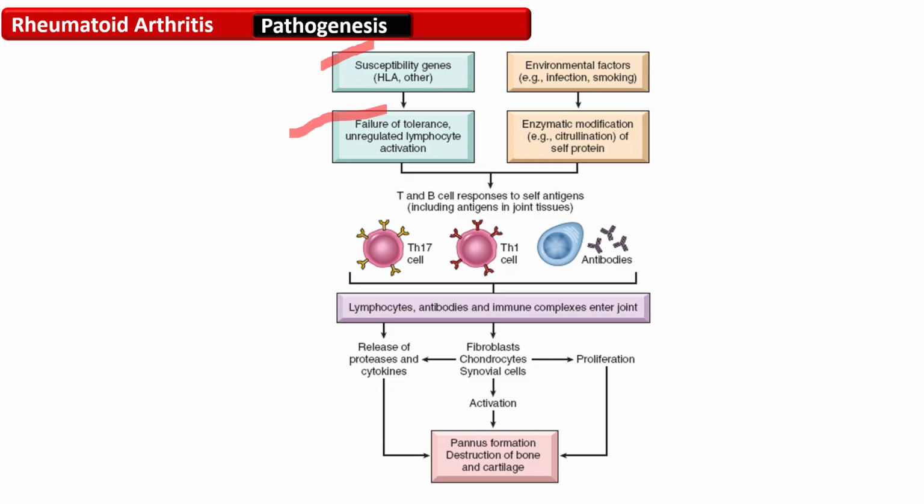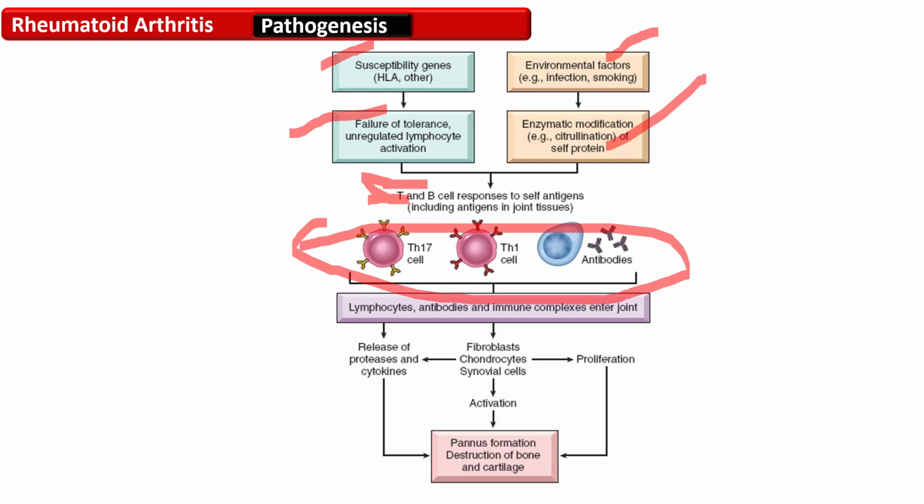Also, besides this failure of tolerance, there are environmental factors which lead to enzymatic modification or citrullination of the protein, and these will result in a T and B cell response to the self antigen, with T helper 17, T helper 1, and antibodies working together.